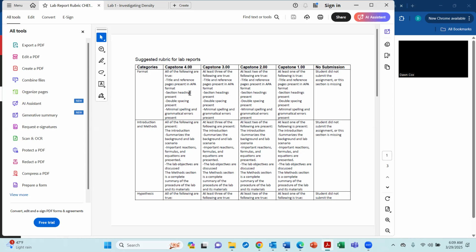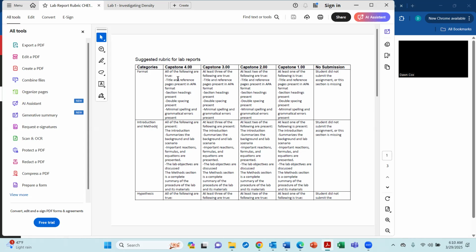The headings must be there. Don't add extra ones because I also might take some points off for that. It needs to be double spaced, and there should be a minimum number of spelling and grammatical errors. That's kind of obvious, right? So if all of those things are true, you get 4 points.